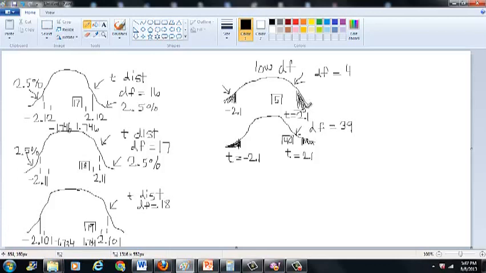So a higher t-score will always have a smaller p-value. But the p-value also depends on degrees of freedom because when you take any certain t-score like 2.1, the percent that's going to be beyond it depends on the shape of the curve. And the shape of the curve depends on degrees of freedom.